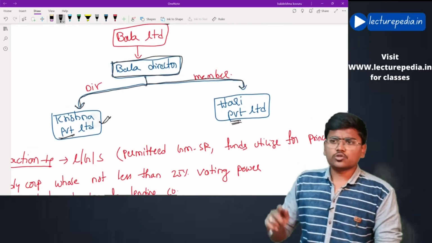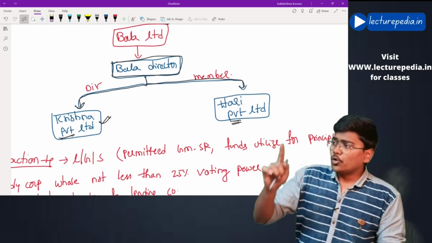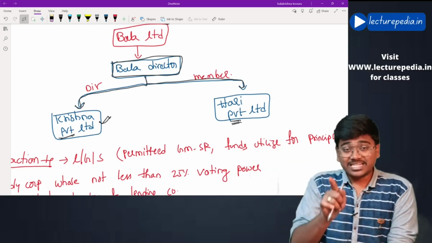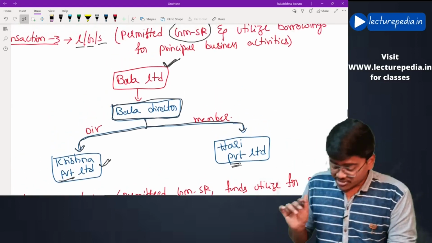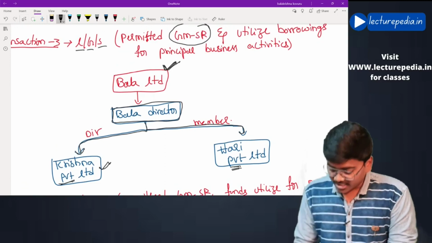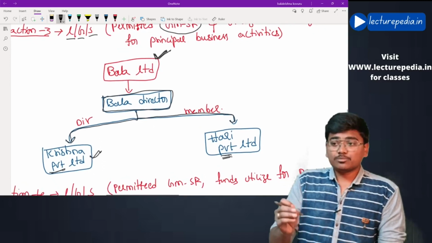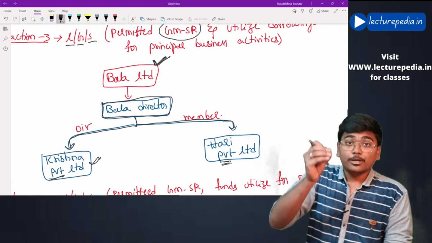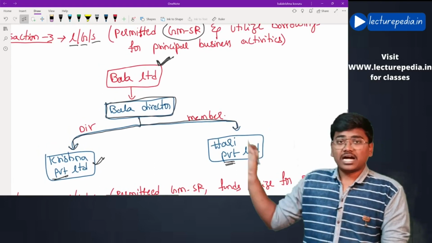Also, Bala Limited wants to give loan, guarantee, security to Hari Private Limited. It can give subject to a general meeting special resolution in Bala Limited, and the funds must be utilized by Hari Private Limited only for its principal business activities.